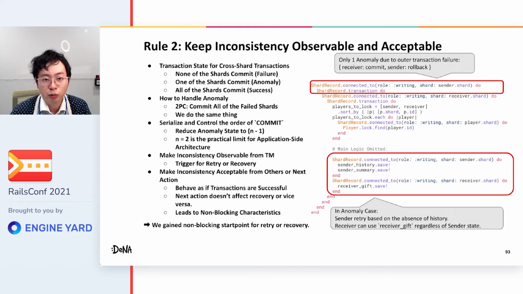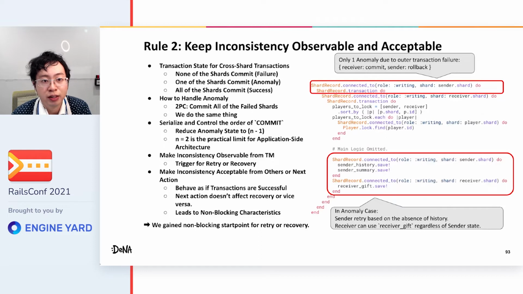Now let's see the Rails code on your right-hand side. In the beginning, you can see the outer transaction block is the sender's shard. So the anomaly case is that the receiver reached commit and the sender reached rollback. Let's imagine what will happen to this anomaly at the bottom of this transaction. First, sender history and sender summary would not be saved in this case.